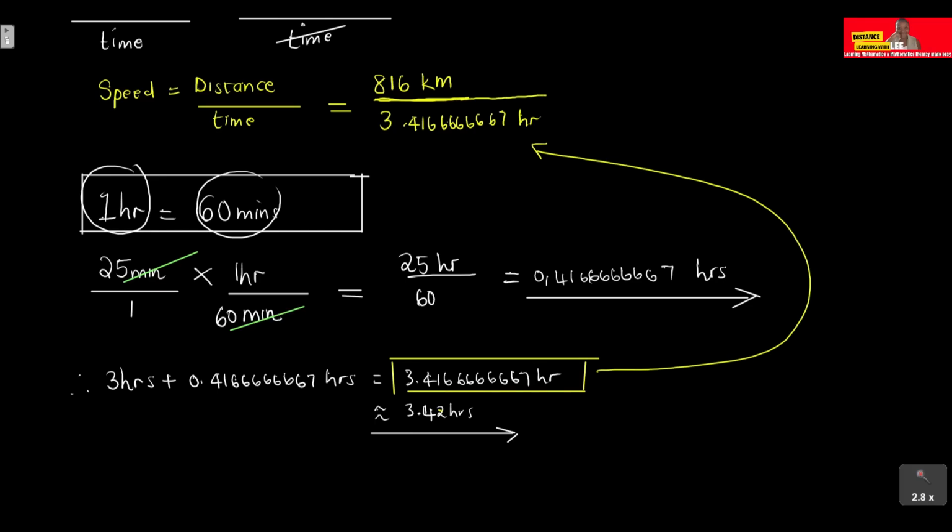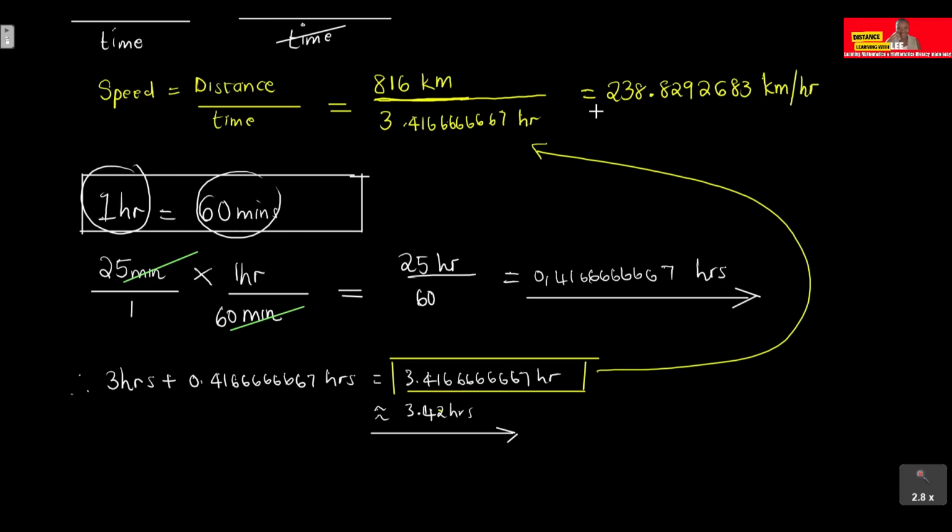Okay, if you punch it into your calculator, you will find that the speed of this train is equal to 238.8292683 kilometers per hour.